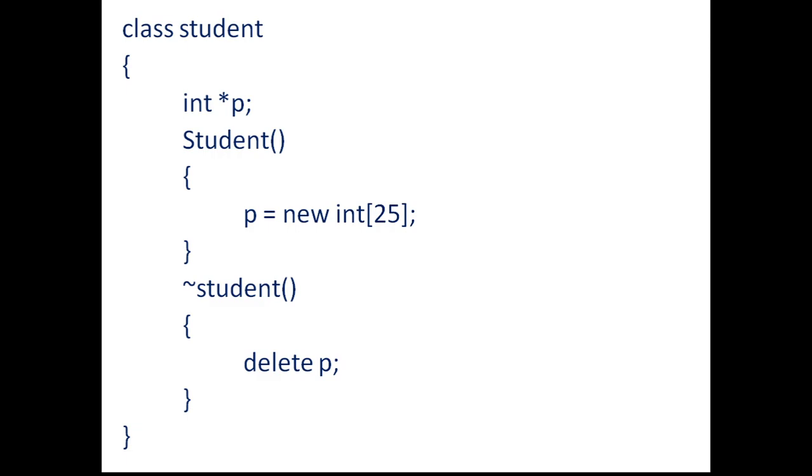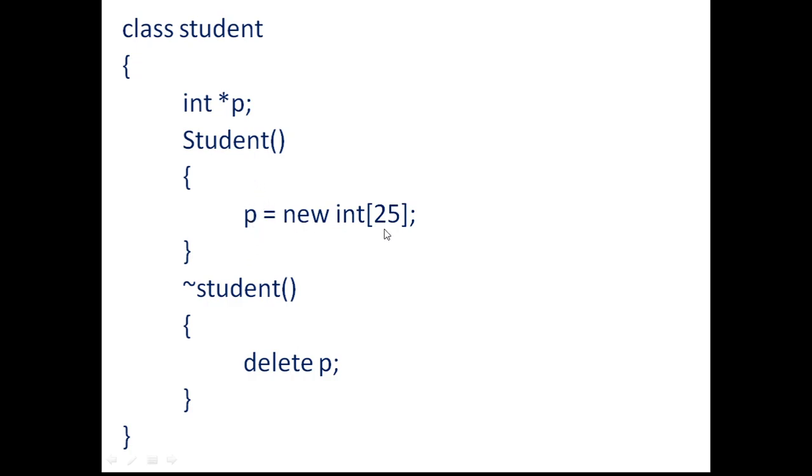This is the example. It's a simple example, you can easily understand. There is a class named student, and inside it there is an integer pointer as a class member. This pointer is just declared, not yet allocated any memory, and that is done inside the constructor.